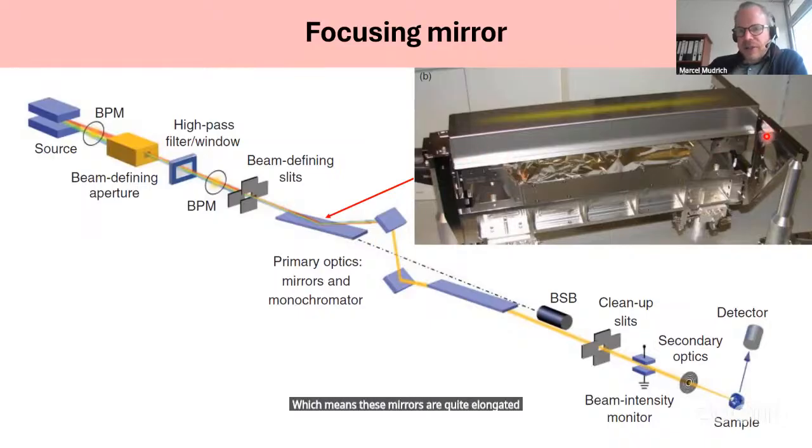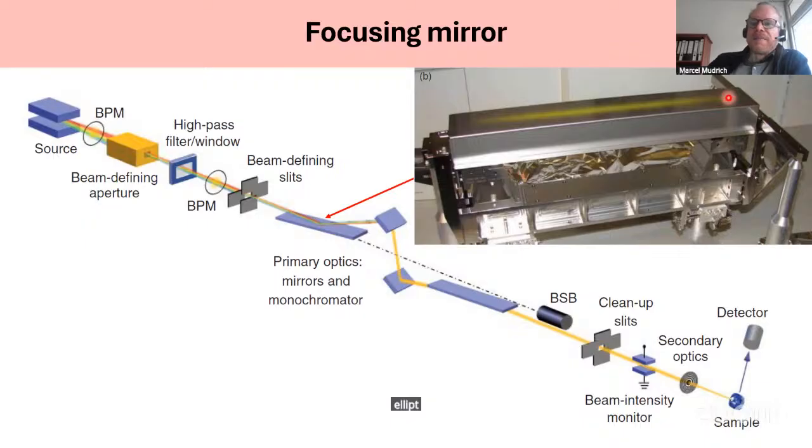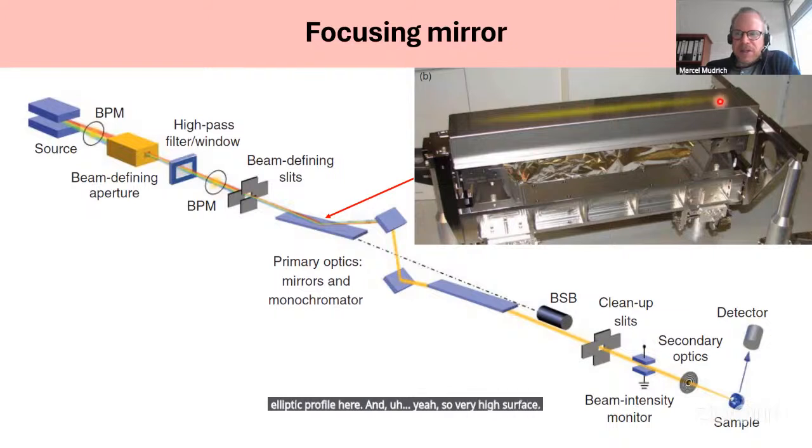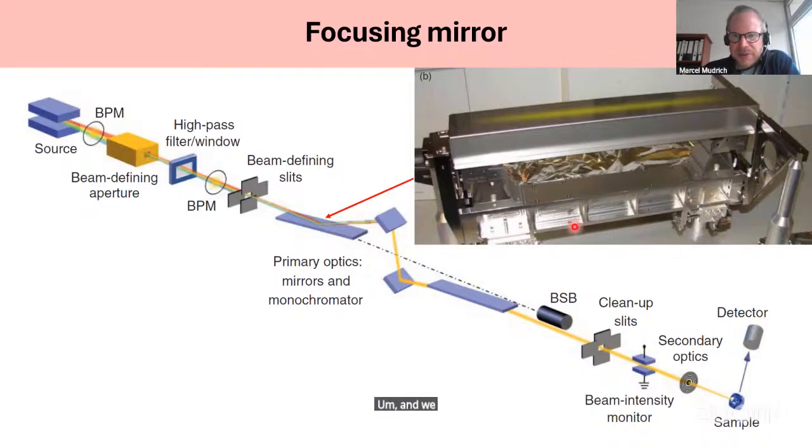They can be meters long, which of course means that the surface quality needs to be extremely high, because the beam spreads over this very long region that's shown as this yellow elliptic profile here. And so very high surface quality in terms of roughness and wobbliness, and also very high surface quality in terms of curvature, if this is supposed to be a focusing mirror. And we will come to these focusing mirrors in a minute.